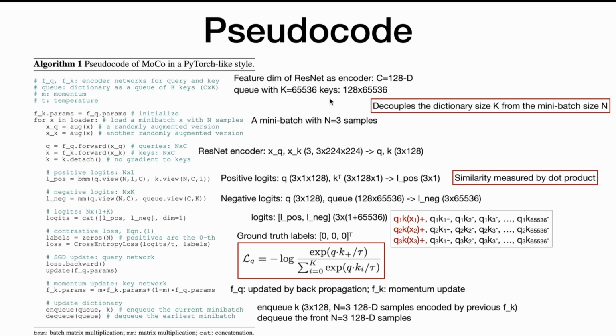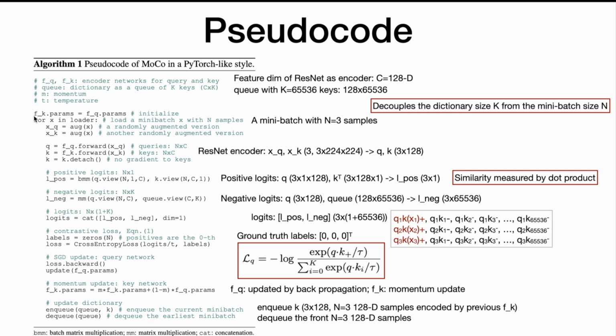As we mentioned previously, we will use a large number of keys, which is 65536. We keep all of these keys in the queue. So the dimension of this queue is 128 by 65536.